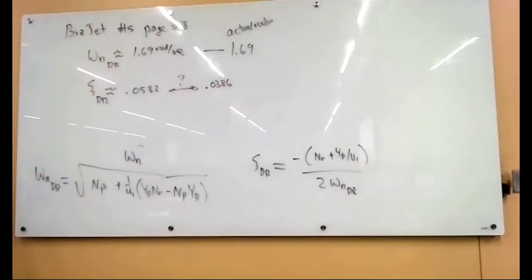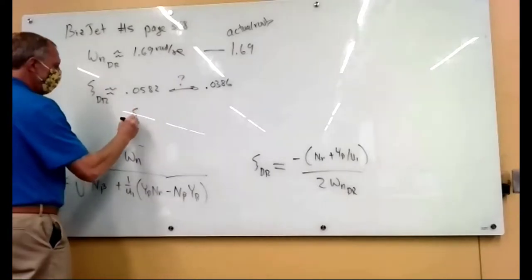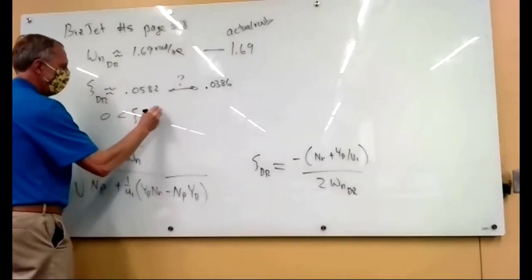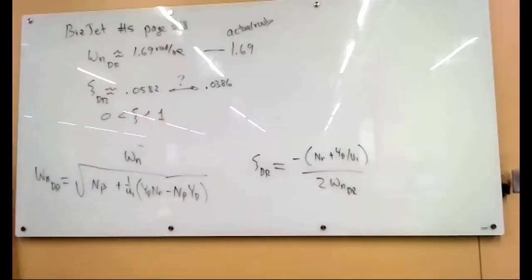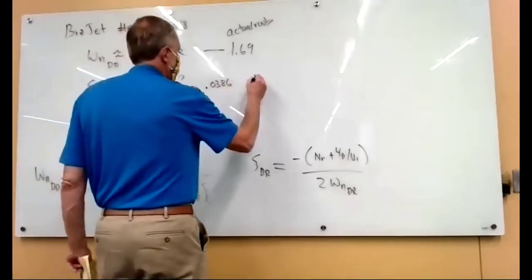So what do you think? Is the approximation good? I mean, if you did a percent, it's off by like 25%, which doesn't sound good. But remember, the damping ratio is in a range from 0 to 1. So when you think about it that way, it's not too bad, right? It looks like it's pretty representative of the damping. So it's okay. So it gets you in the ballpark.